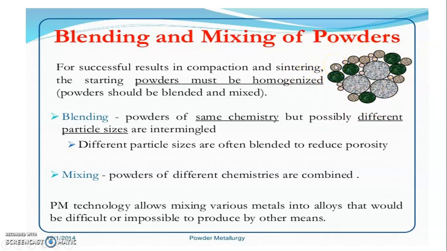Different particle sizes are often blended to reduce porosity. In mixing, powders of different chemistries are combined. Powder metallurgy technology allows mixing various metals into alloys that would be difficult or impossible to produce by other means.